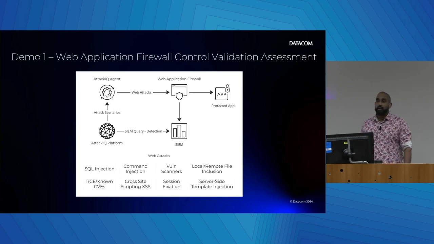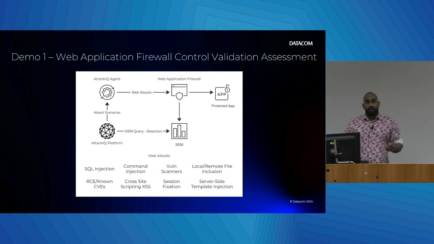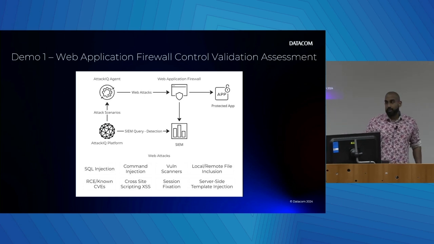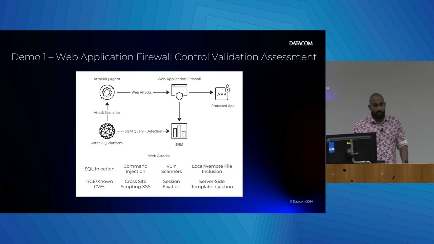And we've also plugged in a SIEM to be able to do logging, so we know how the WAF is able to detect and prevent. So if we wanted to run this type of assessment again in the future, we have those logs within our SIEM, integrated into the AttackIQ platform.